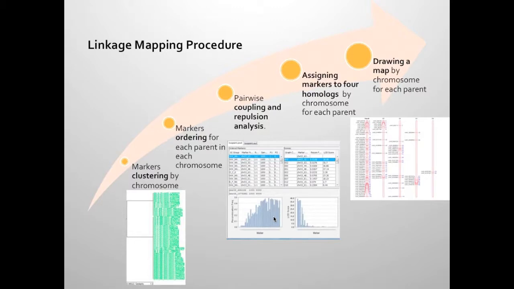Finally, after you have assigned all four homologs, you can draw your map. You will have a map for each parent for each chromosome, so it needs 24 maps, I think.